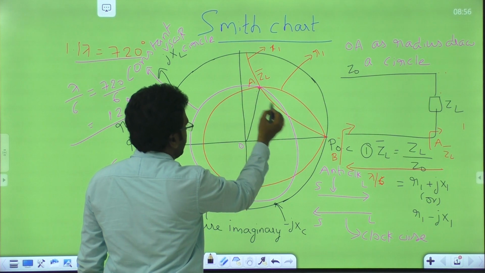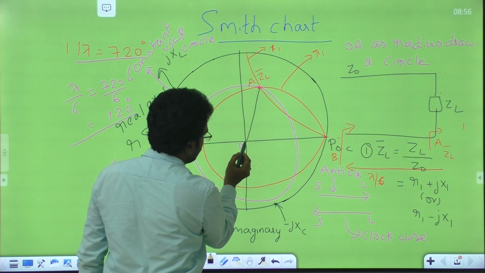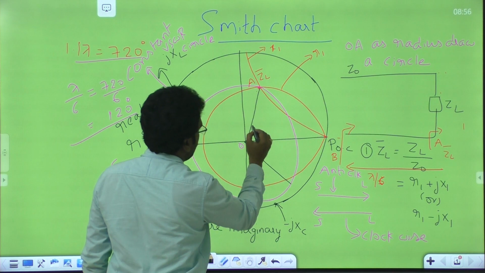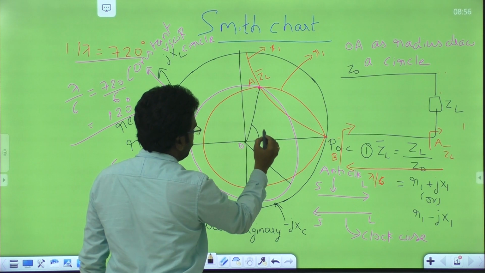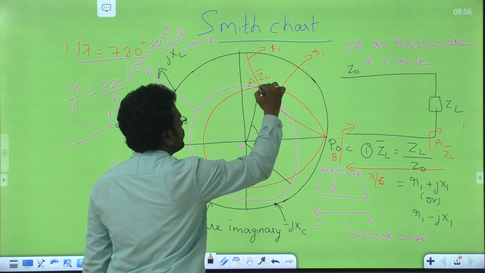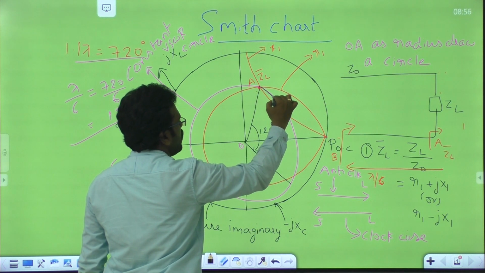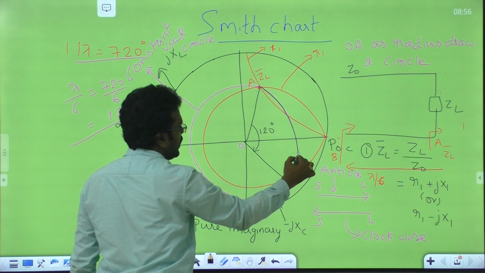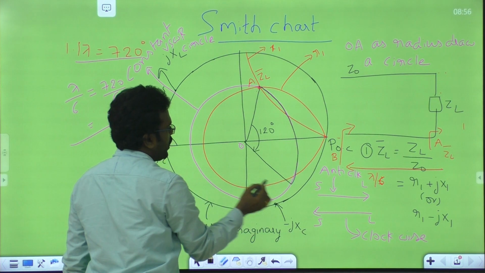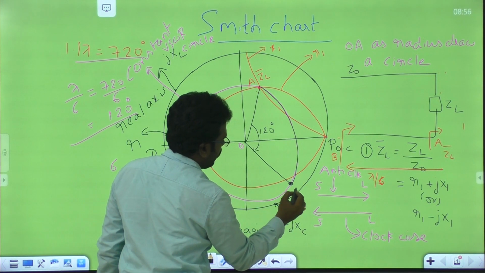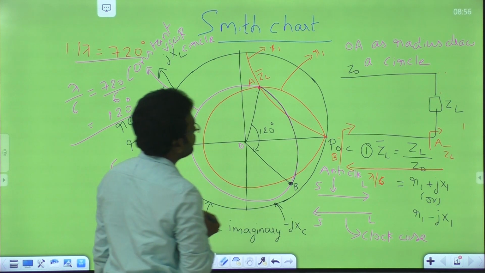Let me take this as 60 and one more 60 means up to here. So I am taking this as 120 degrees. Now move from point A on this constant VSWR circle until it reaches 120 degrees. Therefore this point is called the B point.